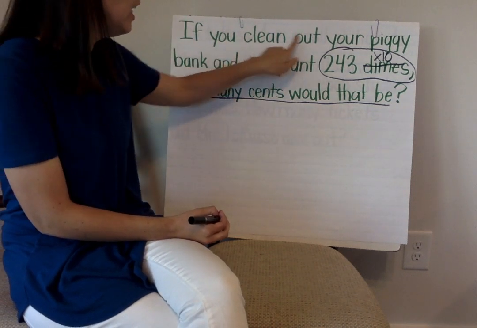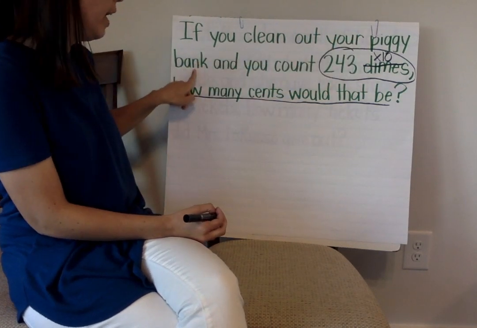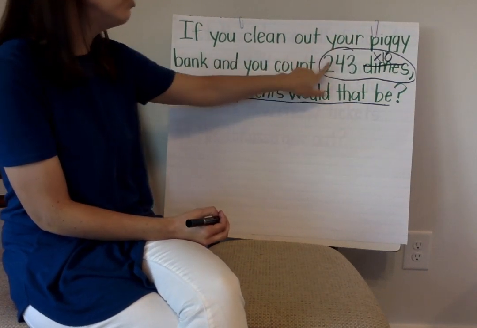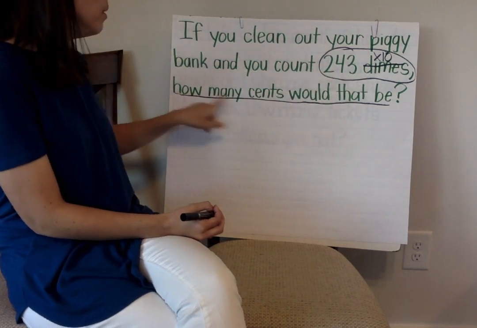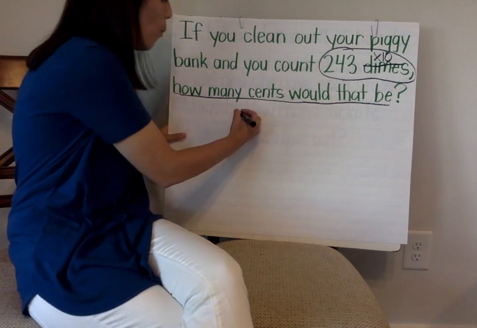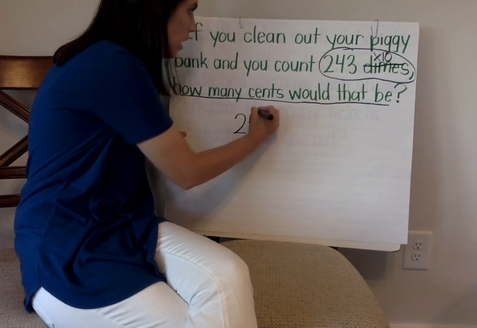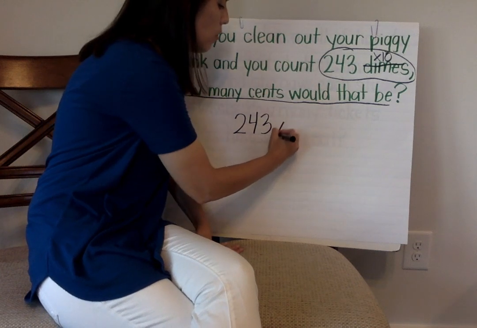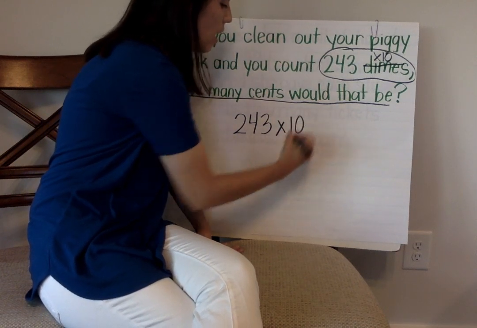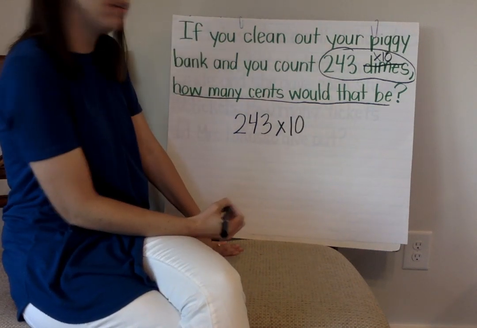If you clean out your piggy bank and you count 243 dimes, how many cents would that be? Well, I have 243 dimes. I know I need to multiply that by 10 because dimes are worth 10 cents.